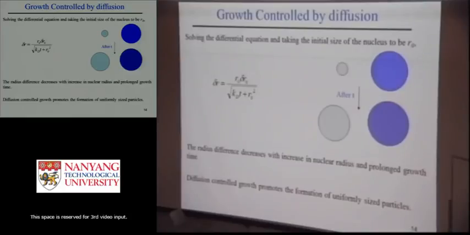This is good, we want to achieve uniform nanoparticles. So in the growth part, we want to achieve diffusion control in order to get a smaller size difference. We call it monodispersed. Monodispersed means the size is highly uniform, with very small size difference. This is regarding the diffusion control.